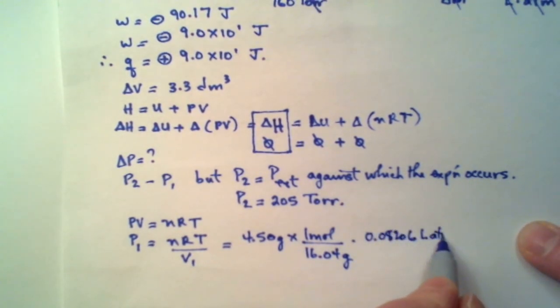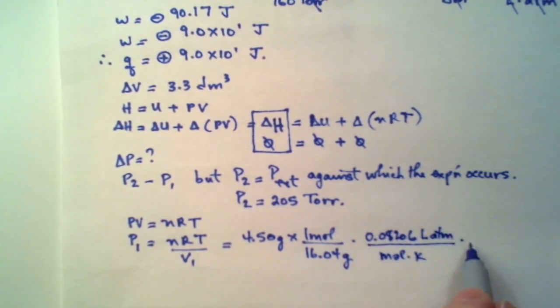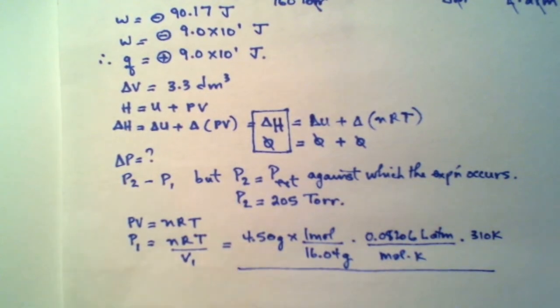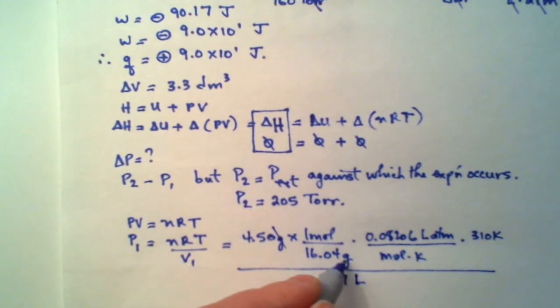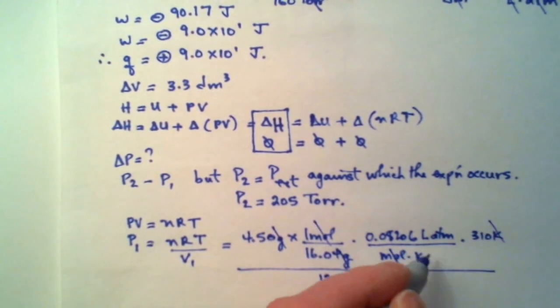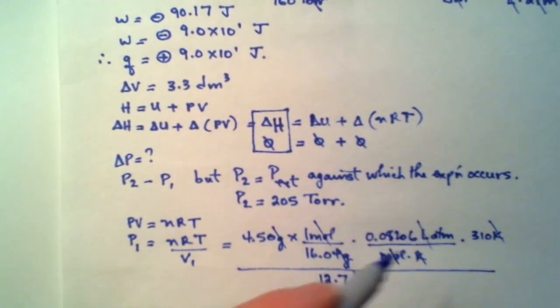The R value I'll use is 0.08206 liter atmosphere per mole Kelvin. The temperature T1, or throughout because it's isothermal, was given 310 Kelvin, and that is all over V1, which is 12.7 decimeter cubed, which is also a liter. Grams, grams, moles, moles, Kelvin, Kelvin, liter, liter, and I'm left with atmosphere.